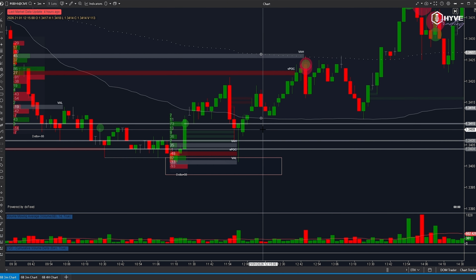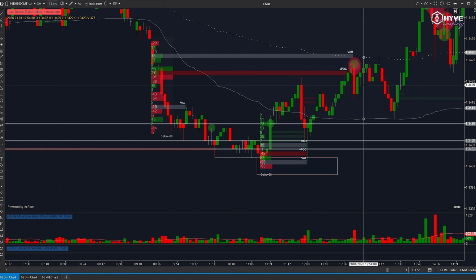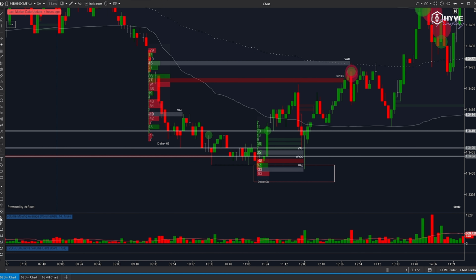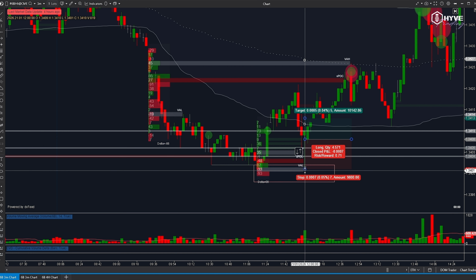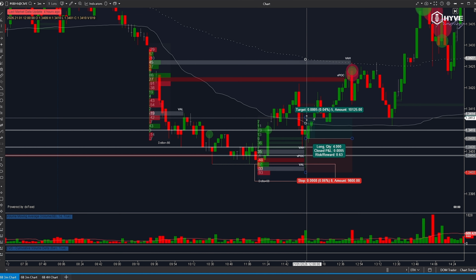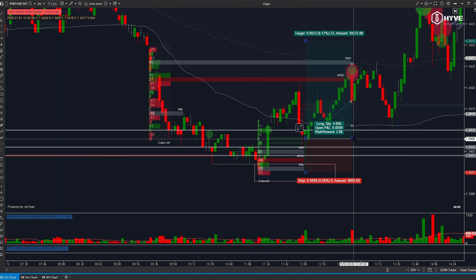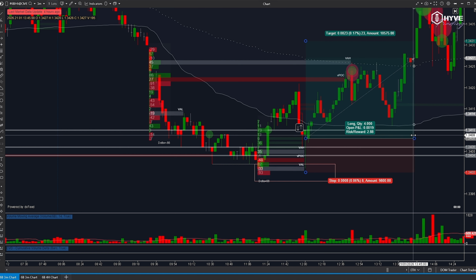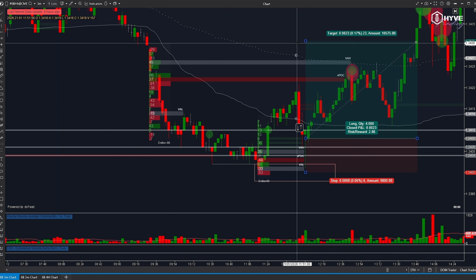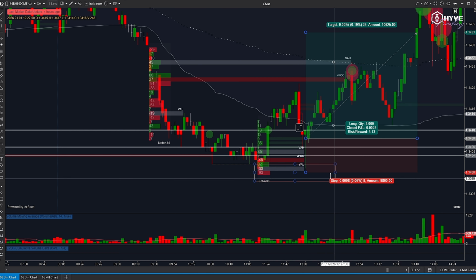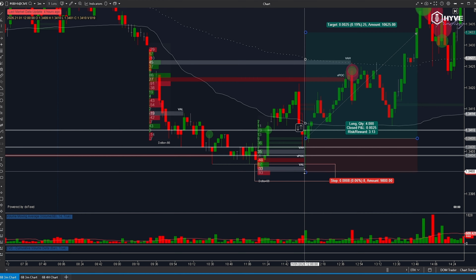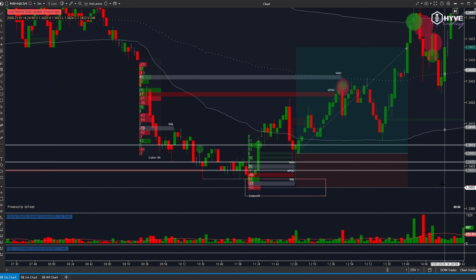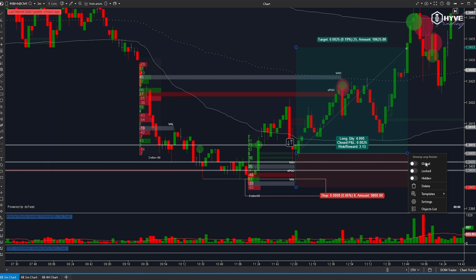And you can see price didn't even come anywhere near it, and price continued to push up. So my risk to reward on this trade was about 3-to-1. I believe I got out somewhere around here as we began to push above VWAP, for a nice 3-to-1 risk to reward. So that was my entry.